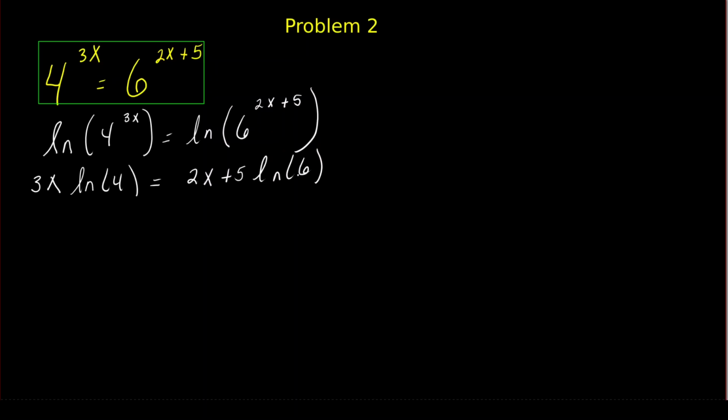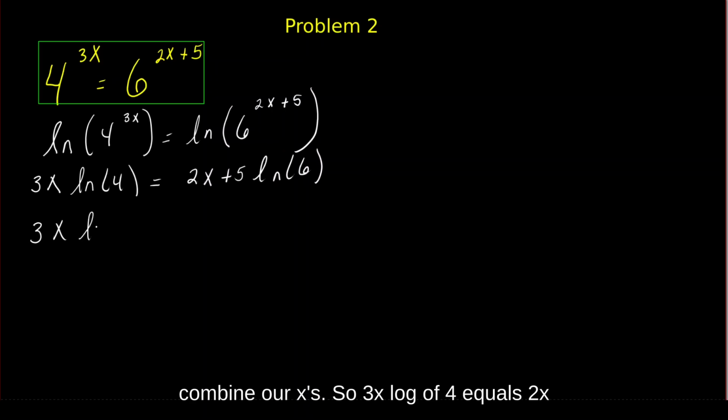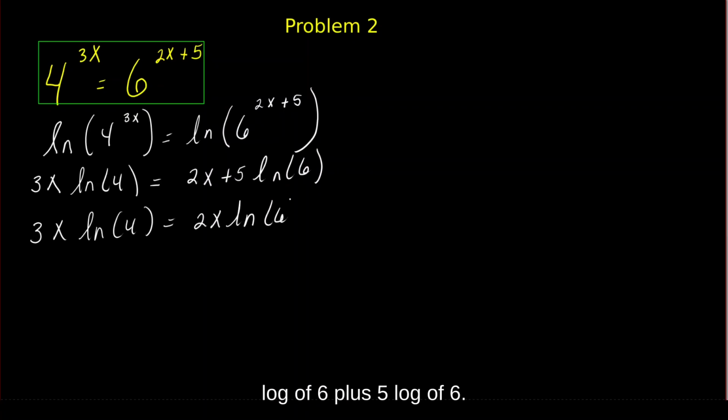All right, let's combine our x's to the same side. And we also need to just do some little distributing here. So let's go ahead and distribute first, and then we'll combine our x's. So 3x log of 4 equals 2x log of 6 plus 5 log of 6.